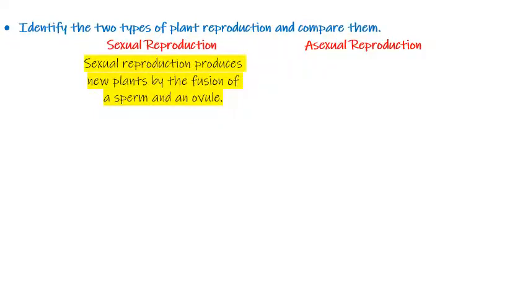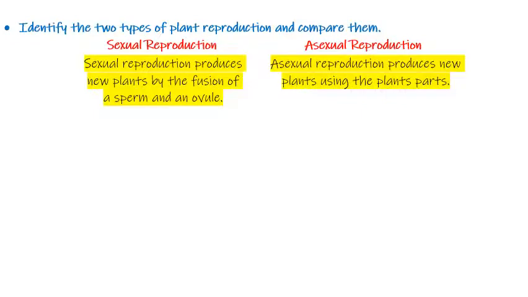It happens when a sperm produced by a pollen grain meets an ovule found in the ovary of a flower. This is sexual reproduction. In asexual reproduction, there is no need for the female and the male organ. It's just a piece of the plant that gives new plants.